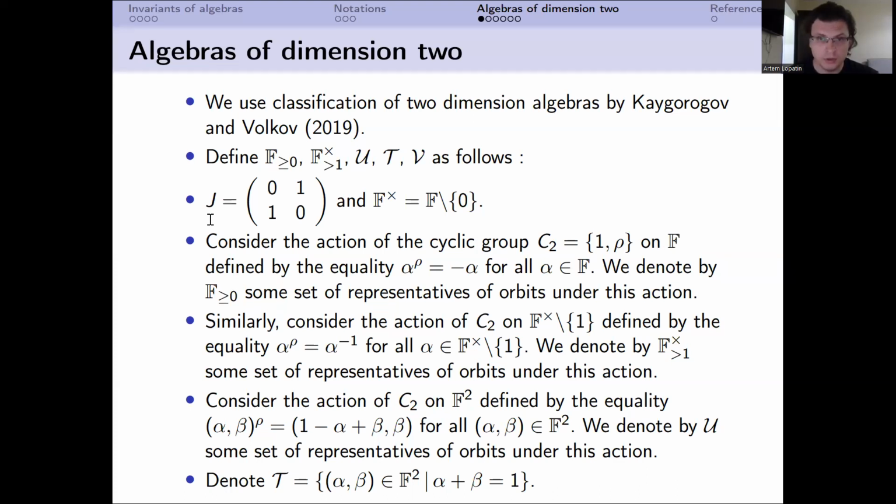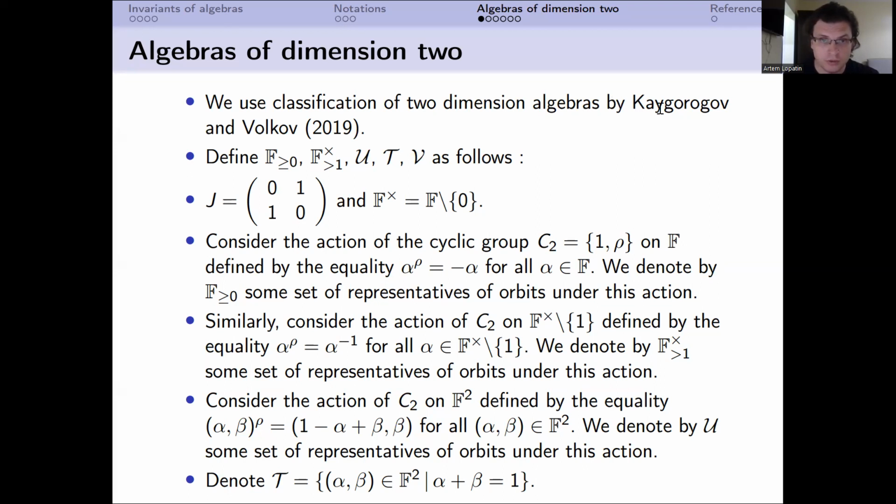Here is a list of notation. I'm probably not going to look closely at this notation, but we define some subsets. For example, F with these indices is some subset of a field F, U is some subset of F squared, and T is given here, and the notation of V is not given here.